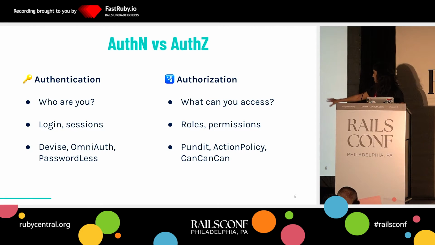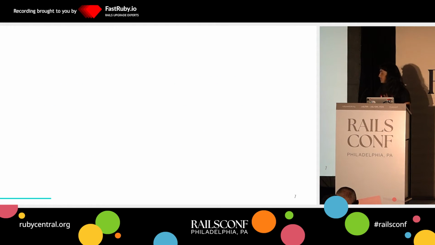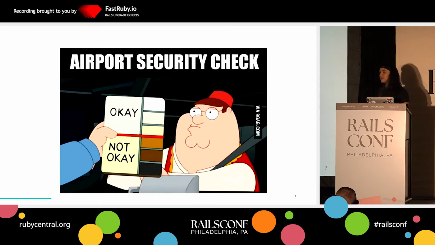There are a couple of examples of gems that handle both features. Modern web apps often need both authentication and authorization to have flexibility and security. I'll give a real-life example. I had to authenticate myself when I came to this country.